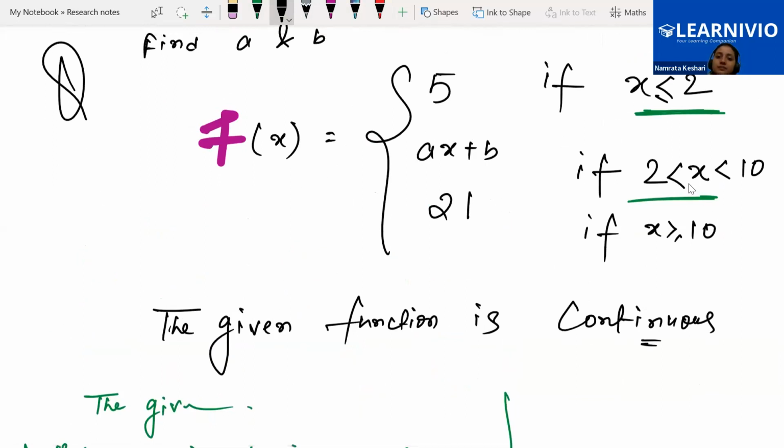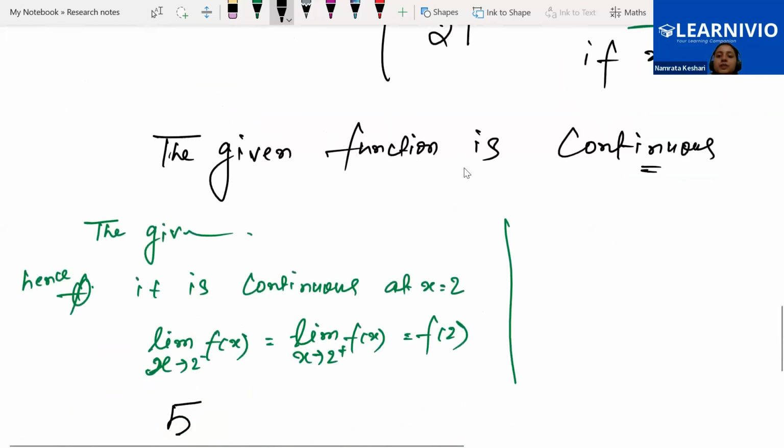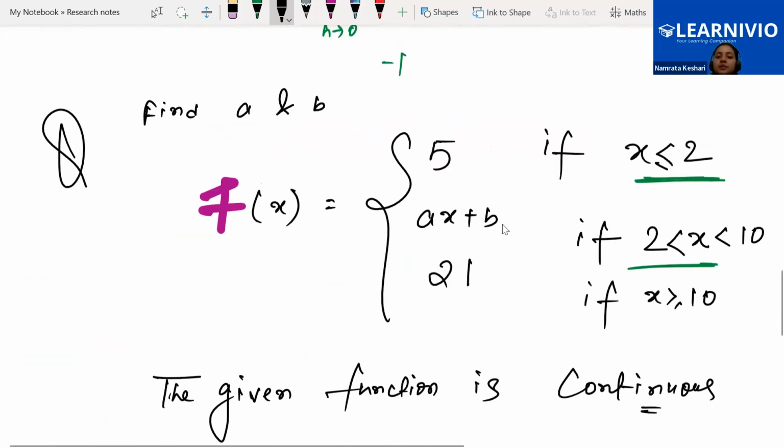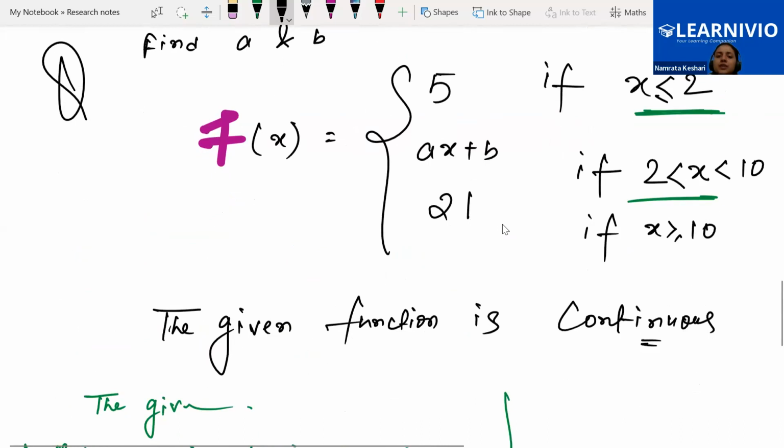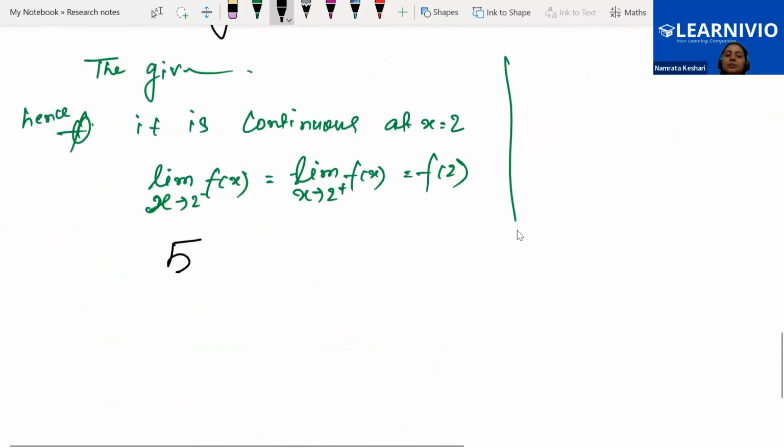Right hand limit is ax plus b, and will it be 2a plus b when we substitute 2 in the place of x while finding the right hand limit? Okay, so directly I am writing it will be 2a plus b. Is it making sense to you, Fatima?